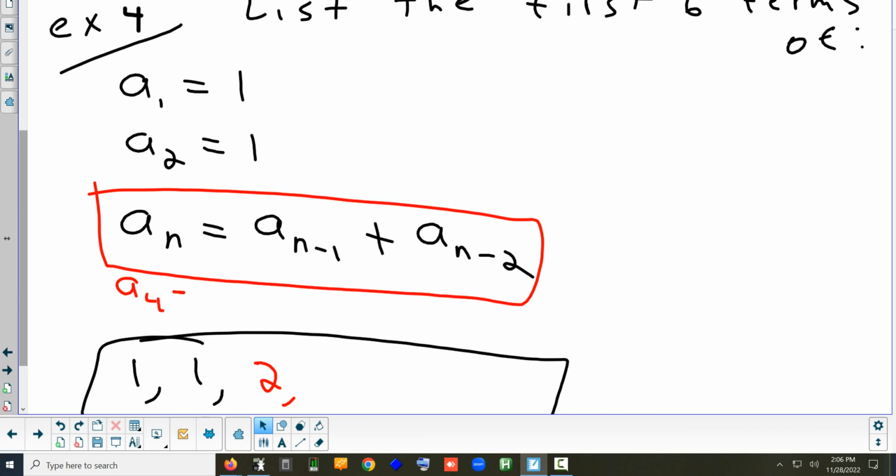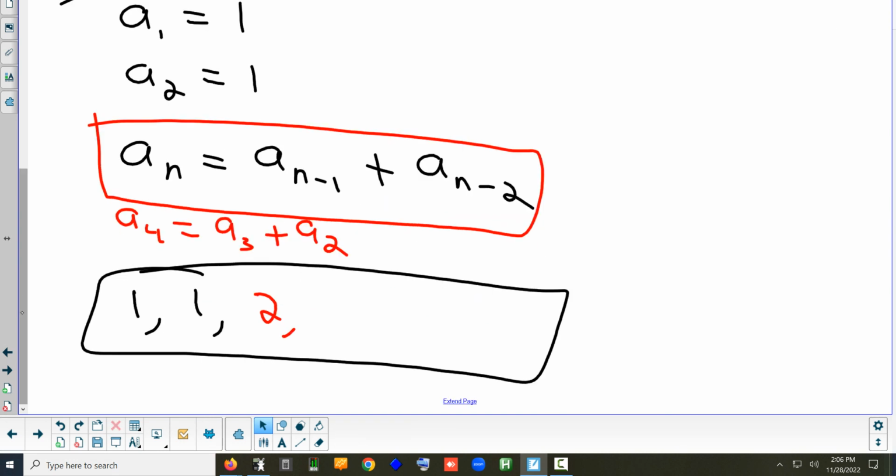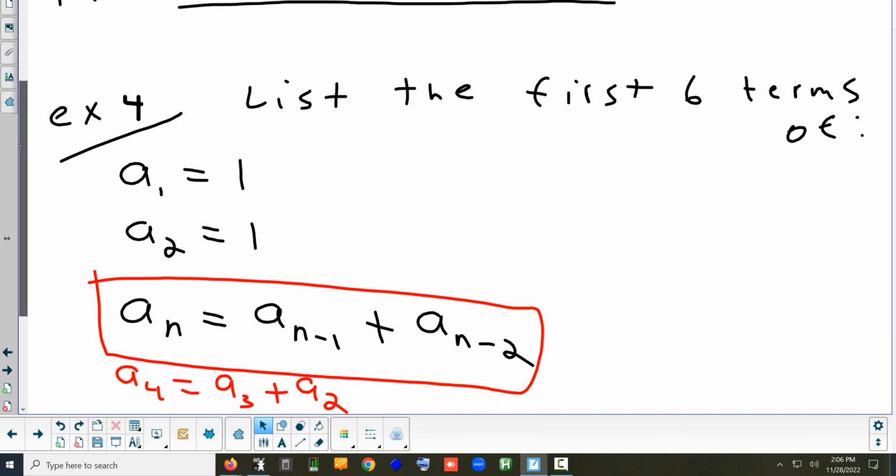So if you wanted to think about it in terms of the formula, the fourth term is equal to the term 4 minus 1 plus 4 minus 2. That's how you get the fourth term. So what would be my fourth term? 3. It's the third term plus the second term. And the next one? And one more. 8. I think we already did them that high anyway.